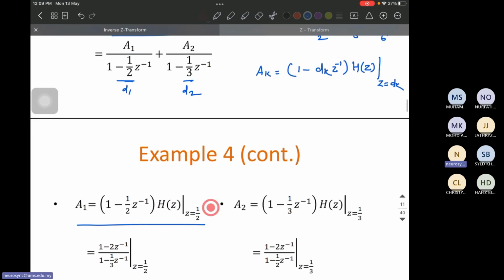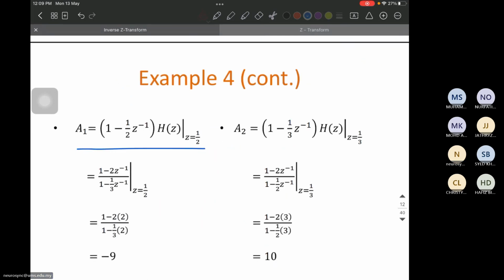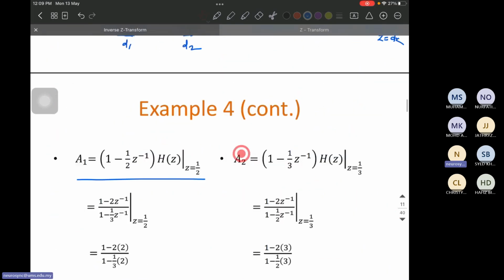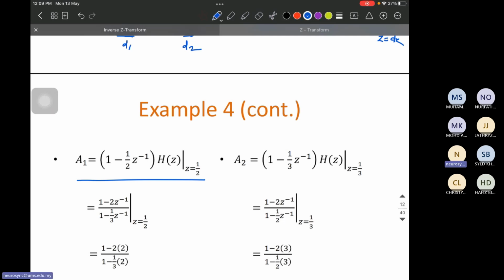H of z is nothing but the given polynomial: H of z is equal to 1 minus 2z inverse divided by 1 minus 1 by 2 z inverse into 1 minus 1 by 3 z inverse.